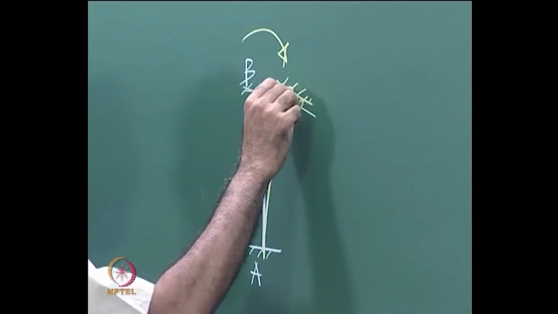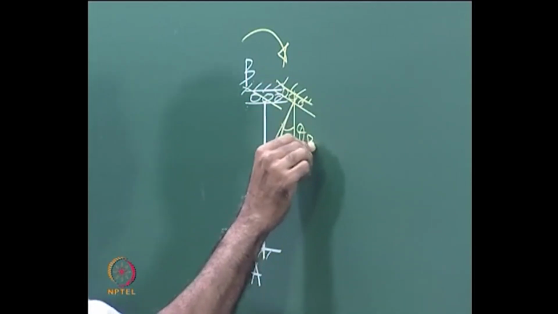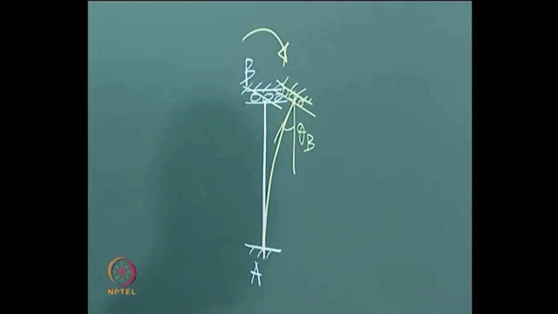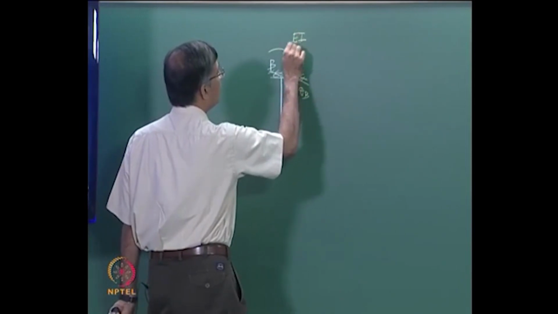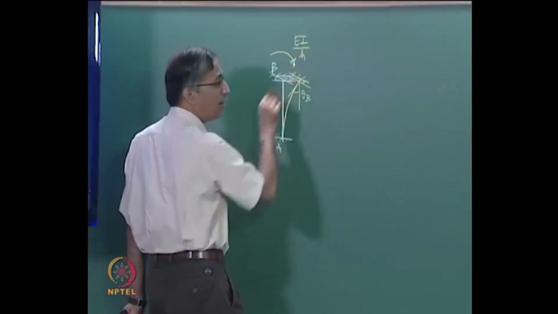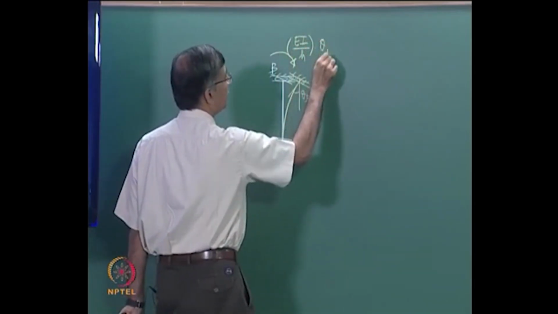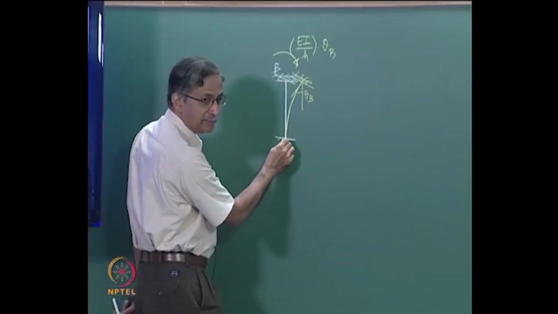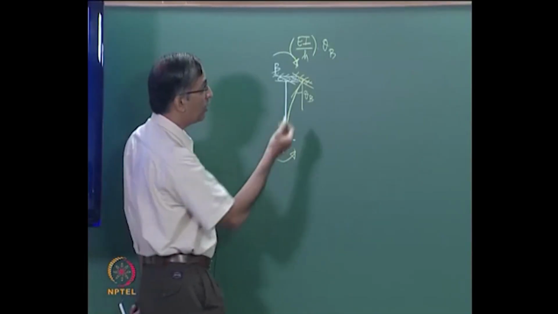Now if this angle is theta B, what will be the moment that you get there? The stiffness for a cantilever is well known. It will be EI into the height of this column into theta B. It will be clockwise. What's the moment that you get here? It will be in the other direction, and it will also be equal to that.